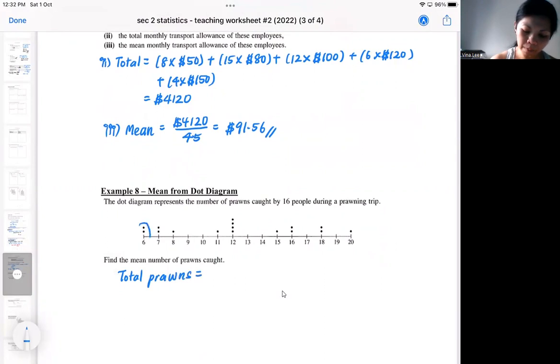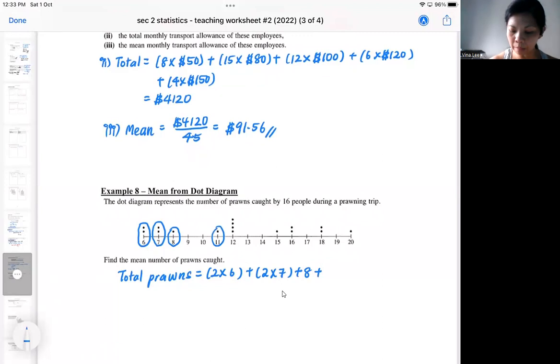So 2 of them caught 6 prawns each. 2 of them caught 7 prawns each. There's 1 of them who caught 8 prawns. Another one caught 11 prawns. And there are 4 of them who caught 12 prawns each.